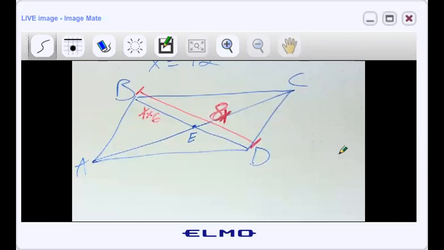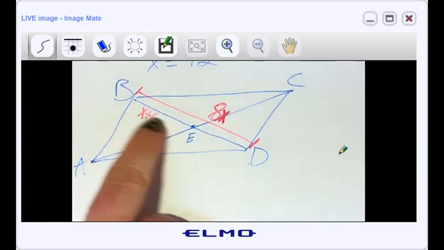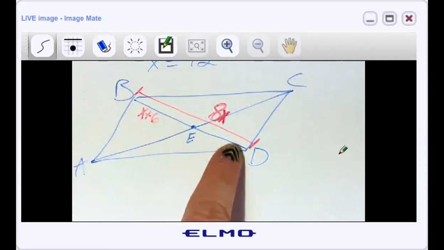Okay, so let's kind of work our way through this one. You're not going to set these two equal to each other because they're not, right? BE is just this piece. There's no way it could be equal to the whole thing. What is true? Oh, okay. I've been asked to wait. I will wait.